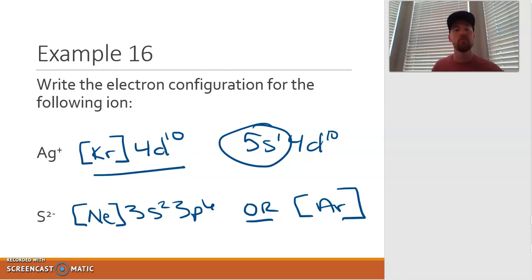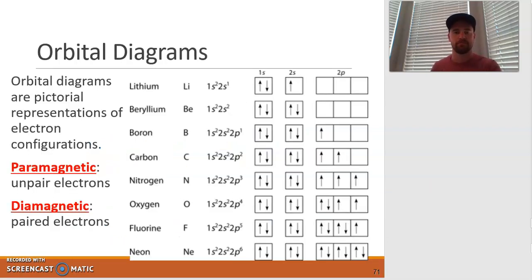So instead of removing 2 electrons, you need to make sure that you added 2 electrons in order to get the ion configuration. So that would be 3s2, 3p6, which, if you noticed, is actually the configuration of the noble gas argon. So it could have been written as either or. Making the notation that it is argon is probably the better one because you notice now sulfur has that noble gas configuration.